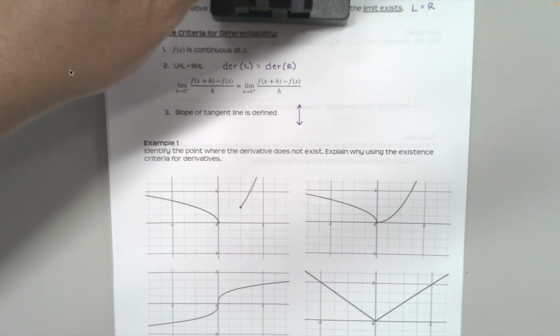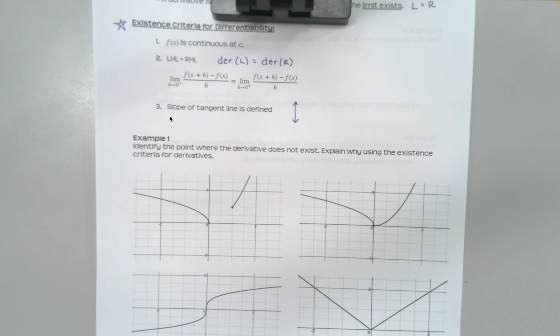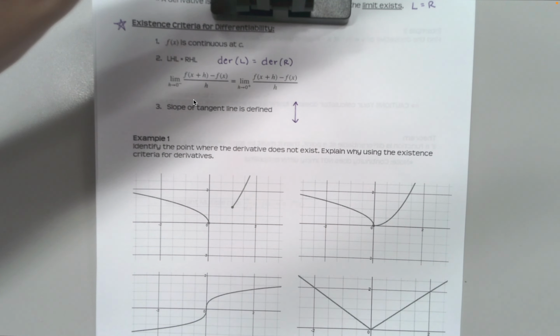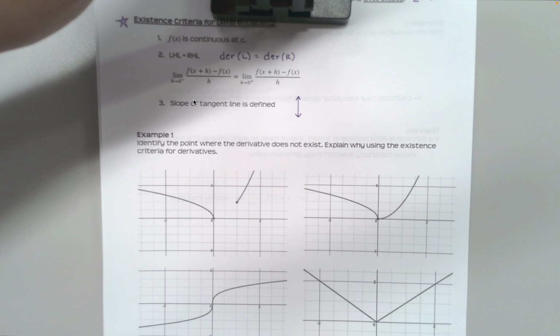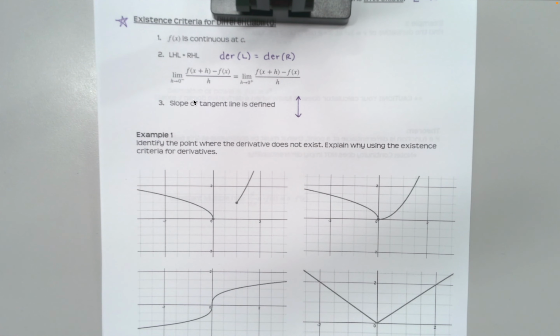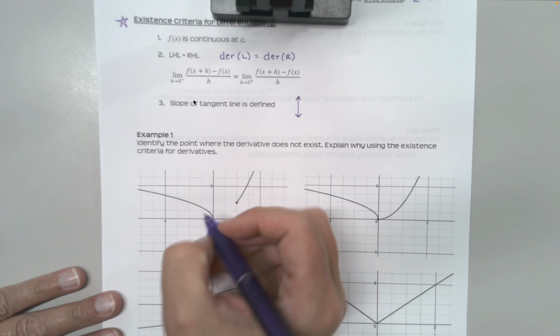We're going to look at these pictures and then talk about the different criteria. With that first function, the place we run into issues is that there's a break in the graph. This thing is not continuous.